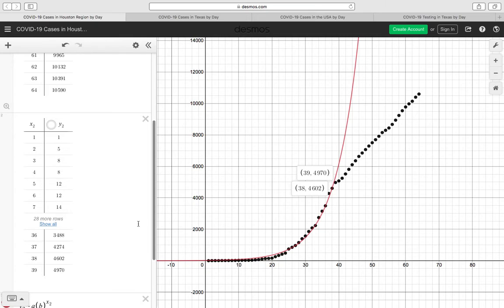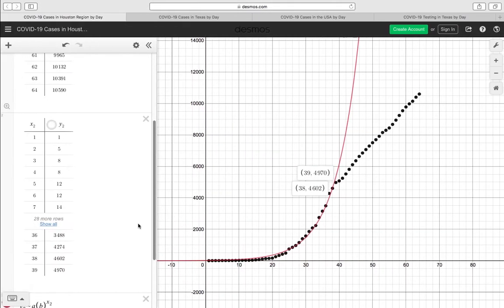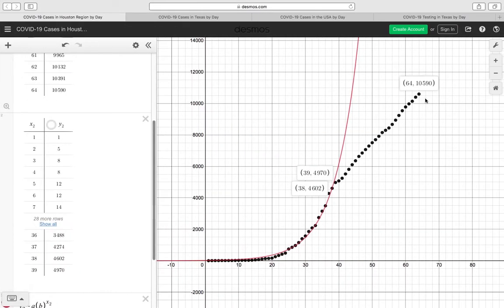So, question number 2. Here they're asking me to talk about the actual difference on day 64. So I'm going to go back to my graph. I see on day 64 we actually have 10,590 cases.